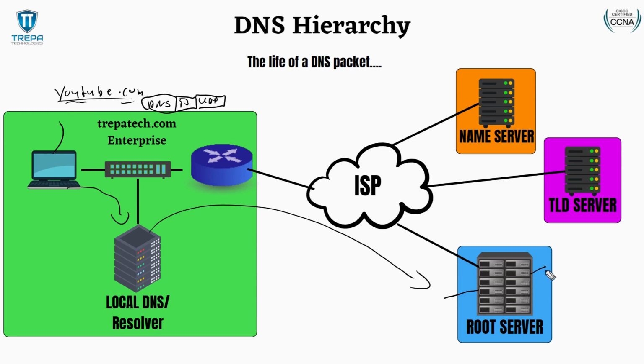What it does know is which top-level domain server hosts the .com domain. So it's going to reply back and say, hey, sorry, I can't resolve that specific request, but I know where to send you, and that top-level domain can then put you in the right direction.